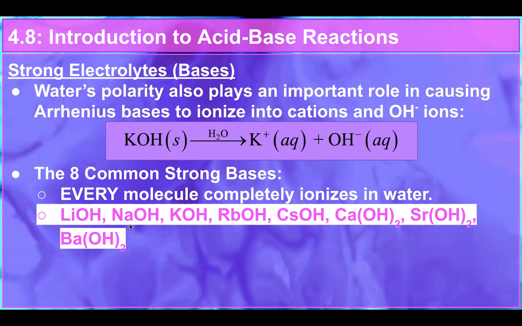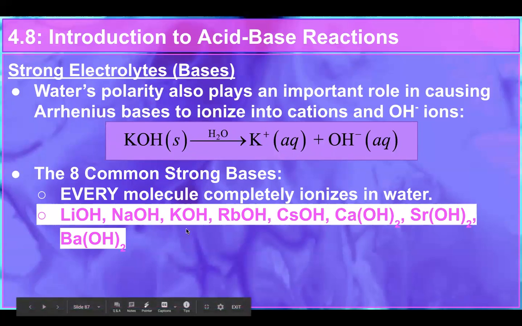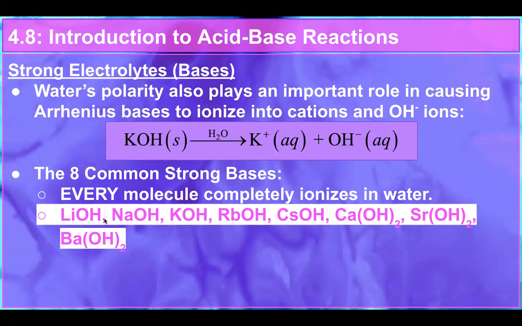So we have lithium, sodium, potassium, rubidium, cesium, calcium, strontium, and barium hydroxides. All of these are considered to be strong bases, meaning that when they're put into water, all of the hydroxide and whatever the cations would be are released. Okay, they dissociate completely.